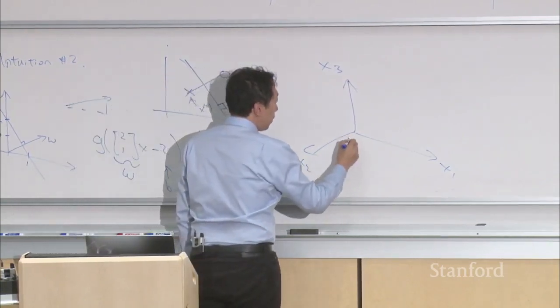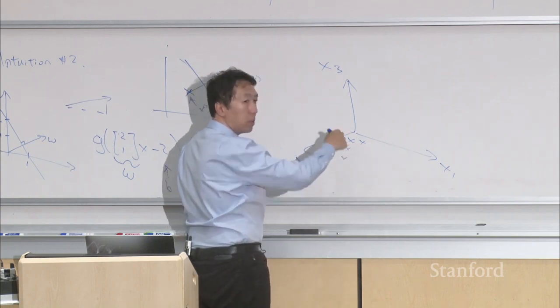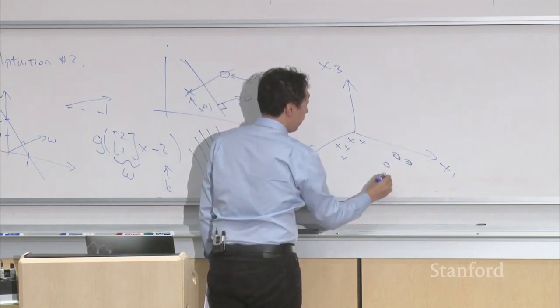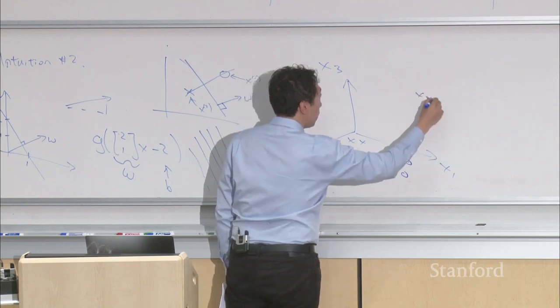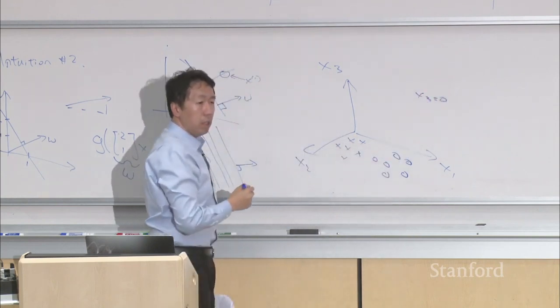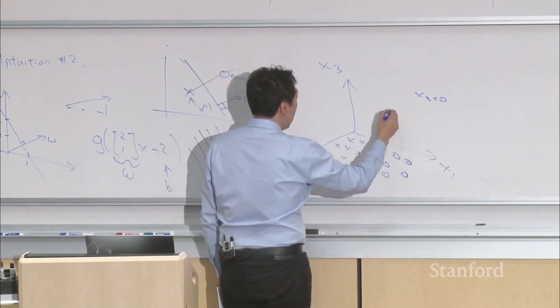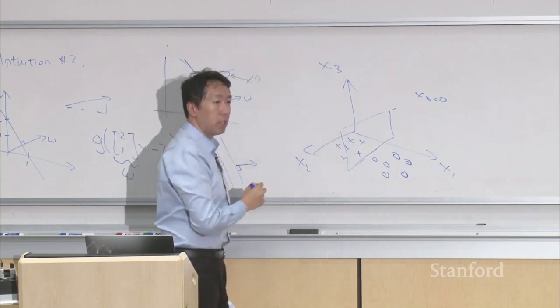And let's say, for the sake of illustration, that all of your examples lie in the plane of x1 and x2. So let's say x3 is equal to 0. For all of your training examples, x3 equals 0. Then the decision boundary will be some sort of vertical plane that looks like this, right?